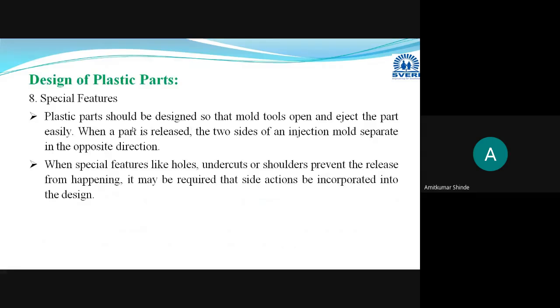And according to the special features, you have to modify the design. So in this way we have considered various points that you have to consider while designing a plastic part.